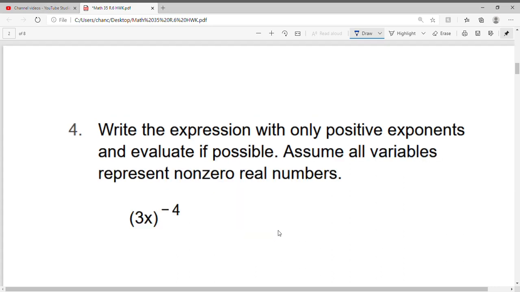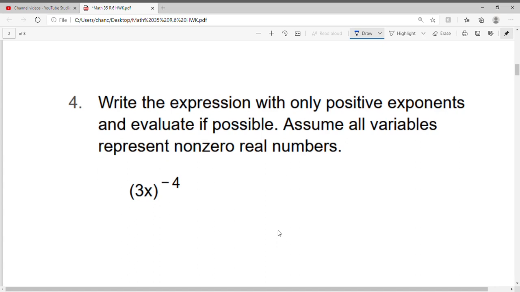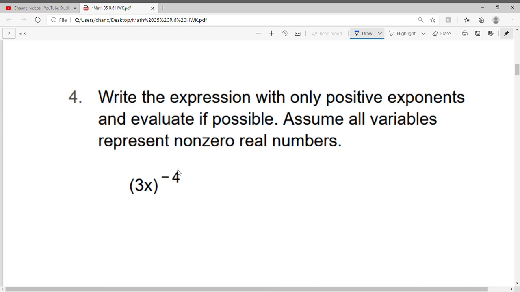Question number 4. Write the expression with only positive exponents and evaluate if possible. This negative 4 affects the entire 3x. So I'm going to write this as 1 over 3x raised to the 4th power. Again, it becomes a positive when we bring it to the denominator.